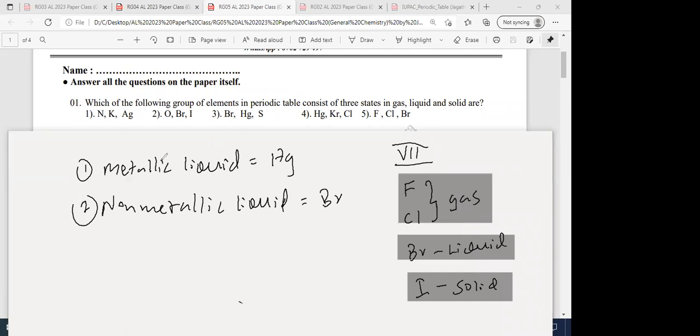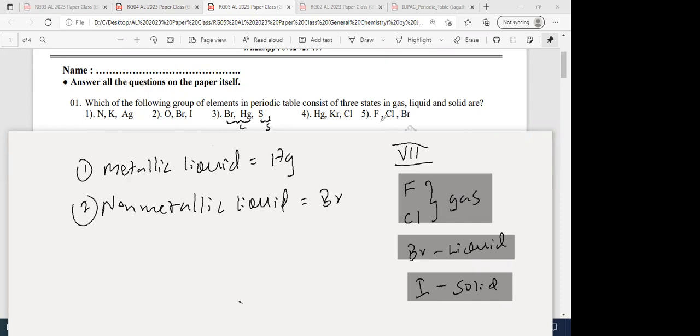So what is the answer? Can you quickly post the answer in the chat? The periodic table is also given. Dinetmi gave the answer, Sishan gave the answer, Chaniti gave, Ransiluni also gave. Sishan, the answer is not 3. Option 3 contains 2 liquids and 1 solid. Sulfur is solid, but they are asking all three states: solid, liquid, gas.